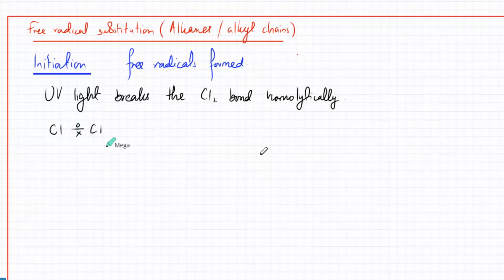UV light is going to fall on the Cl2 molecule. So let's say there's ultraviolet light. The bonded electrons are going to gain energy from that. And the Cl2 molecule is very susceptible to UV light. What will happen is that 1 electron will go back to 1 Cl and 1 electron would go back to the other Cl.